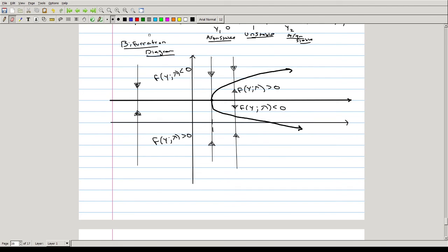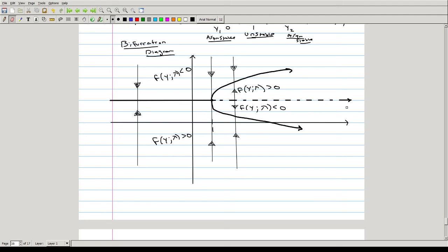So following the convention that we introduced before, this now becomes a dotted line, or dashed line, because this line is representing an unstable critical value or equilibrium point of our differential equation.